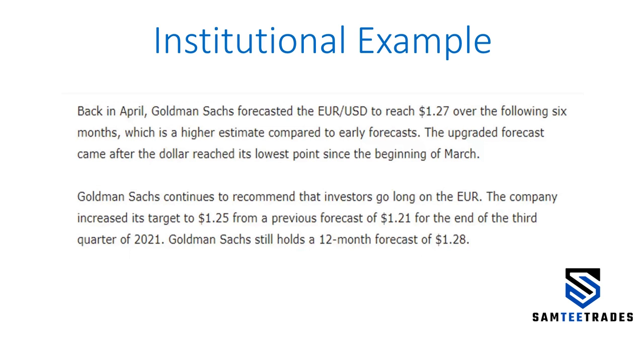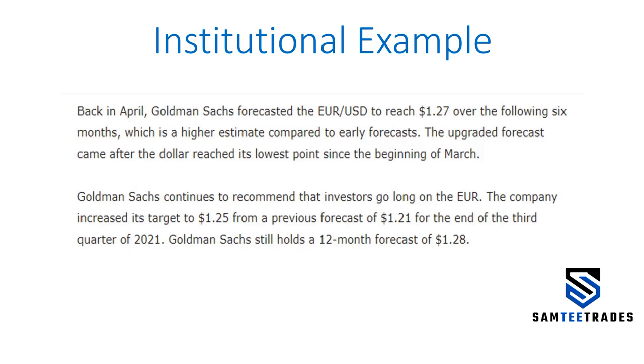If you look at the institutions, the banks, the big hedge funds out there, when they are predicting where a currency is going or where they are targeting in the market, they are not dealing with the decimal points of numbers. They're basically going to buy the euro, like you can see in this example here of Goldman Sachs. They said they expected price to reach 127.